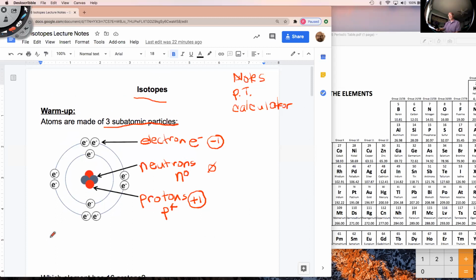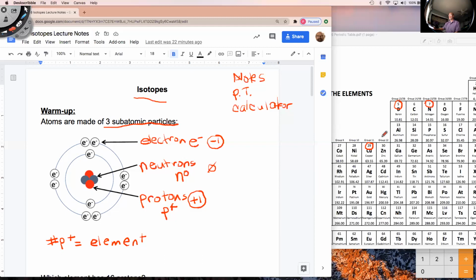So if you knew the number of protons, then you know what element we're talking about, because each element has a specific number of protons. For example, boron has 5 protons. Copper has 29 protons. Nitrogen has 7 protons.